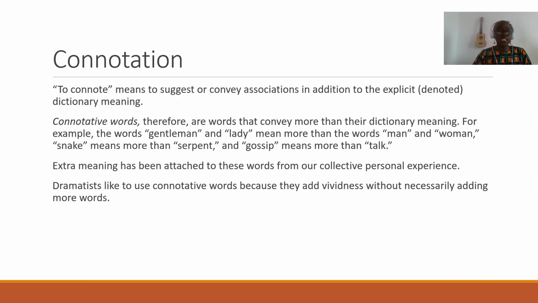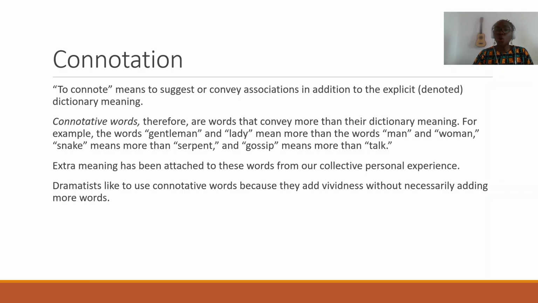When I call somebody a snake, there is a bigger meaning to that. I'm not saying that this person is actually a serpent. I'm saying this person should not be trusted. This person is somebody who can sneak up on you and harm you. And gossip means more than talk.